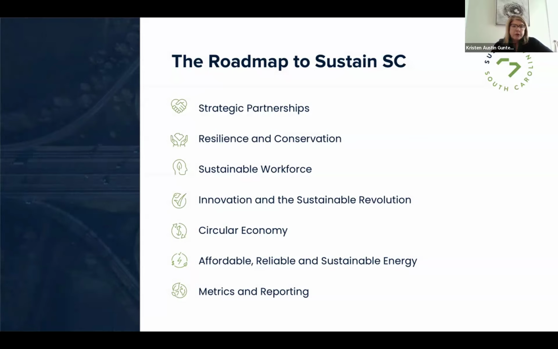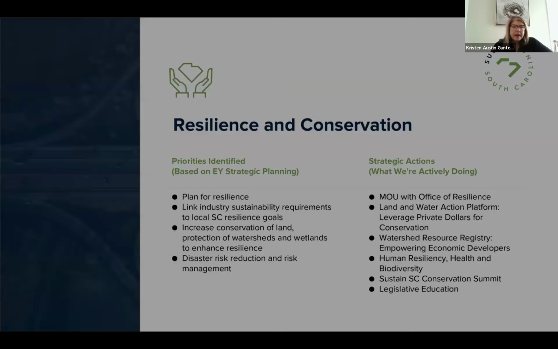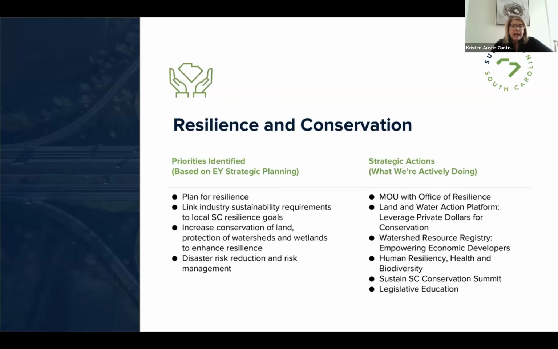So today we're focused on one of the accelerators that we're working daily on called resilience and conservation. And we have priorities and strategic actions that we work on within this accelerator. We really are planning for a more resilient South Carolina. And as part of that, we recognize that carbon markets are a part of becoming more resilient.